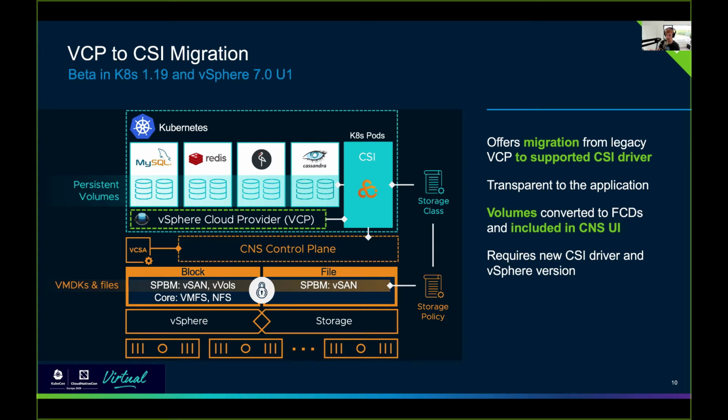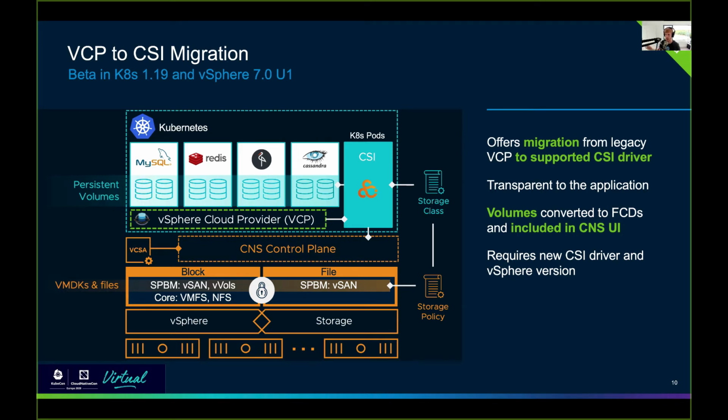And what it basically tells the CSI driver to do is to just intercept all requests that would go to the VCP and just provision them through the CSI instead, or service them through the CSI. In addition, it will actually change the backend disk type from just a standard VMDK to a first-class disk, so that whenever you are importing all of these volumes, you get all of the nice new UI-based tracking and all that stuff that comes along with CNS as well.